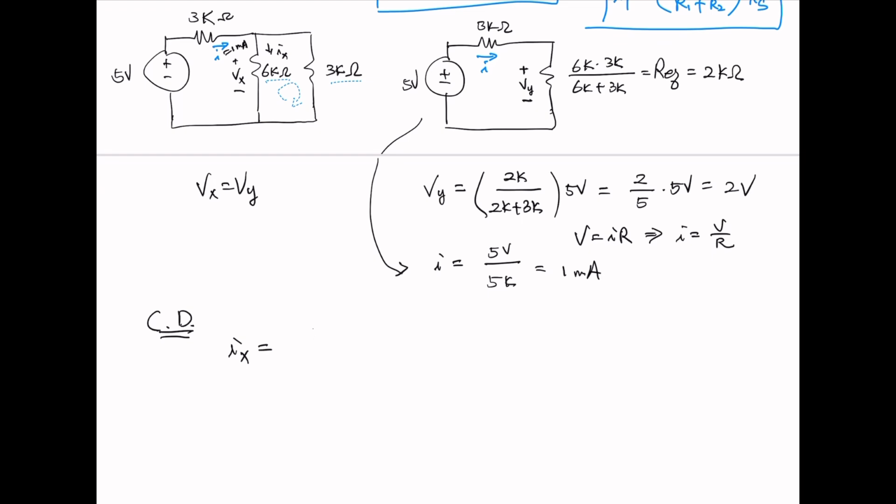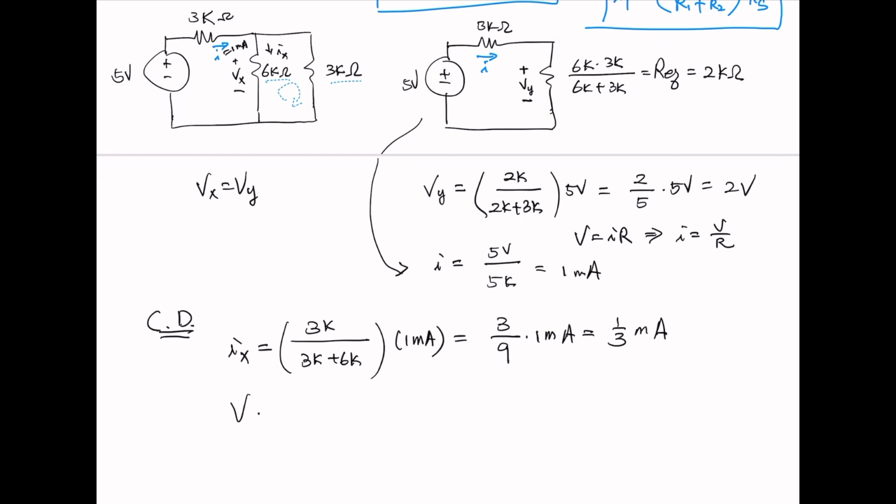So Ix equals the opposite parallel one, 3K, over the sum of those two parallel, 3K plus 6K, and then times the total current applied to here, which is 1 milliamp. That is 3 over 9 times 1 milliamp, that is 1 over 3 milliamp.